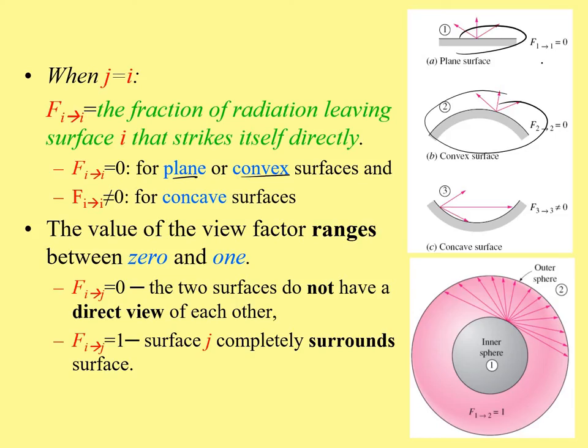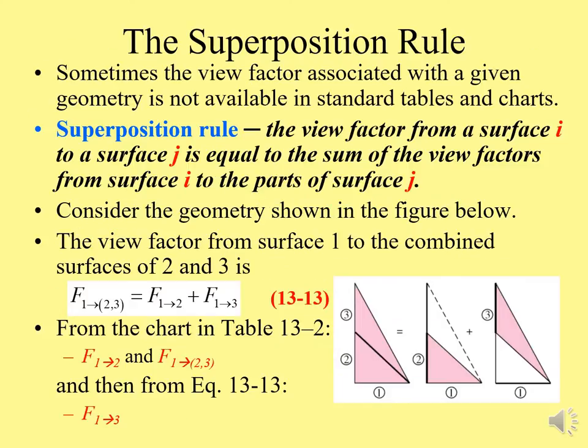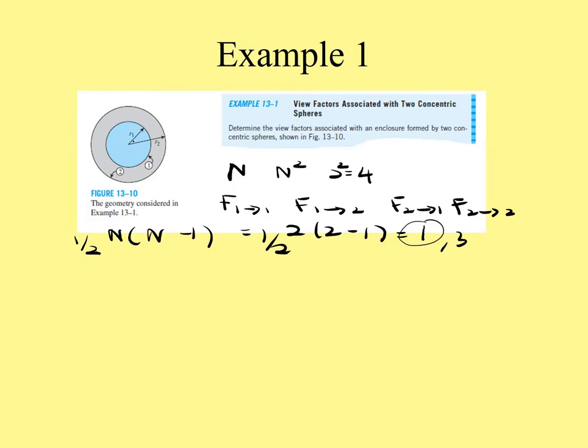For surface 1, if the radiation radiates from surface 1, it will not strike back at itself because the surface is convex. So f1 to 1 would be equal to 0 in this case. We have already determined one view factor.